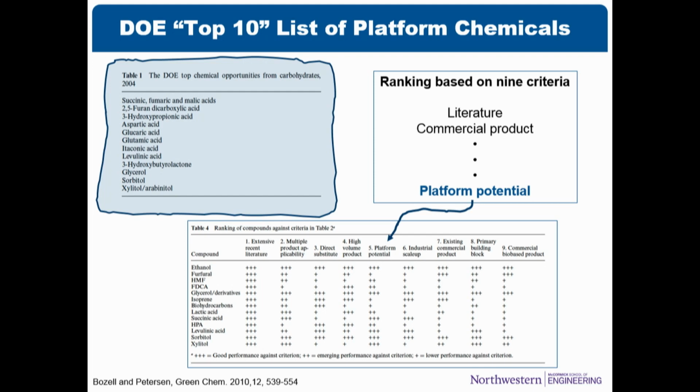And so we said, can we use our computational methods in order to quantitatively rank molecules according to a variety of metrics that are akin to these qualitative categories? So how many literature reports are there? Is it a commercial product? What is its platform potential? So how much can it be diversified by conventional catalytic chemistry?